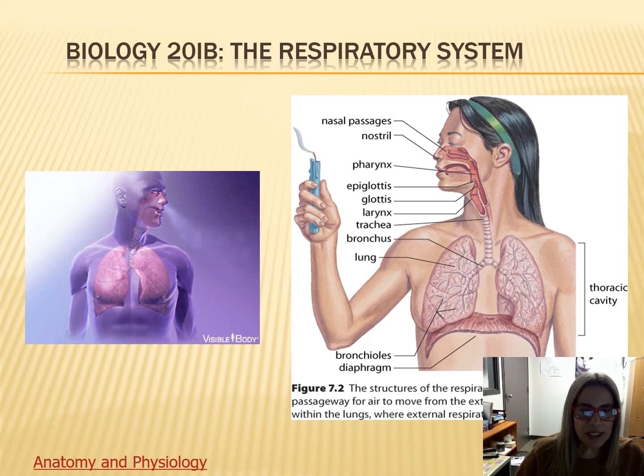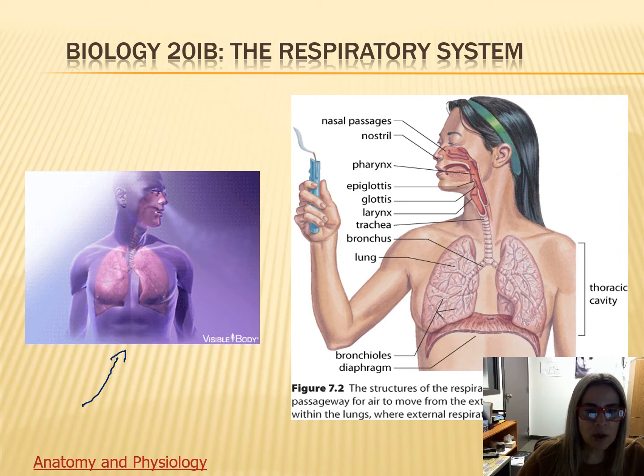And so you can see that the little animation here, the little GIF here, kind of shows a person inhaling and exhaling. So to take a breath in, we call that to inspire, and to take a breath out, we call that to expire.